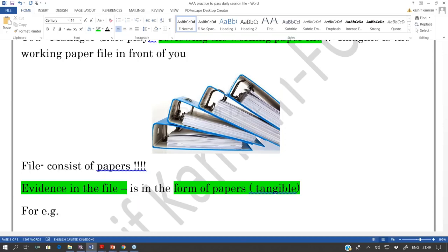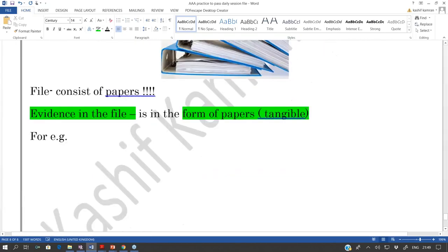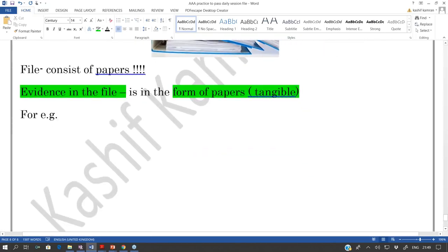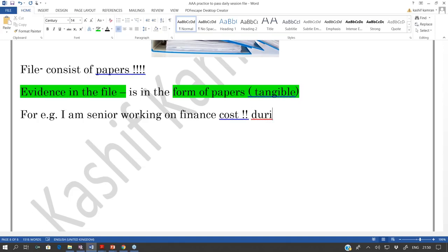For example, I am a senior working on finance cost, right?